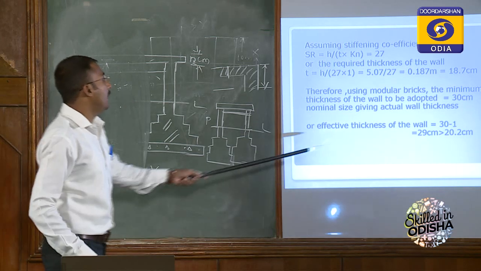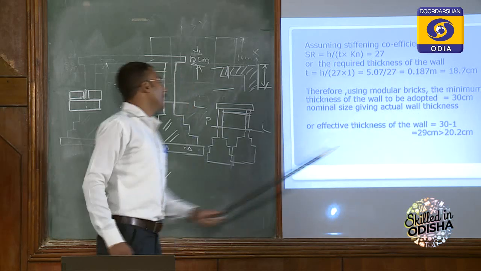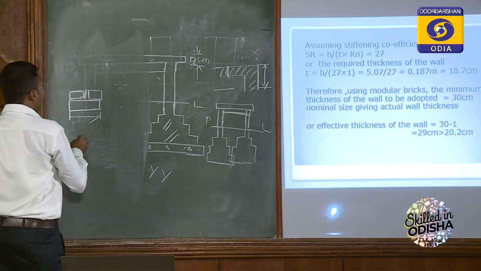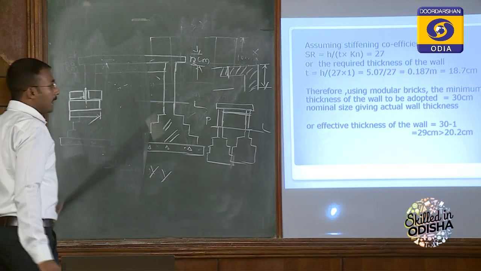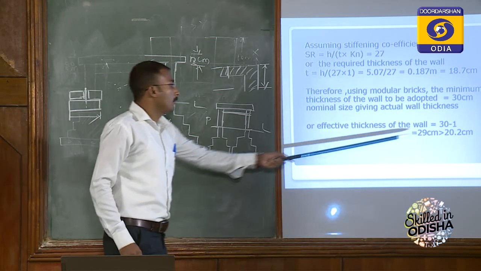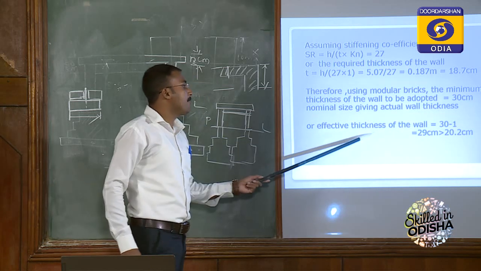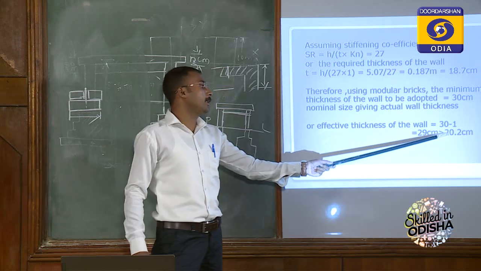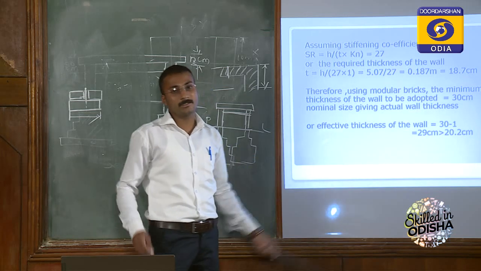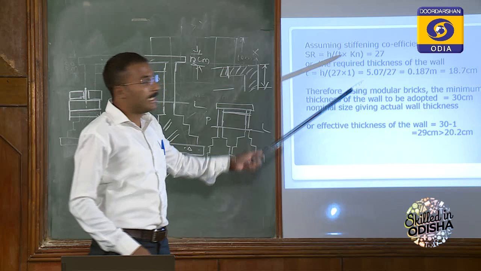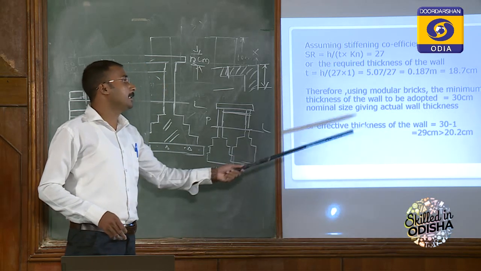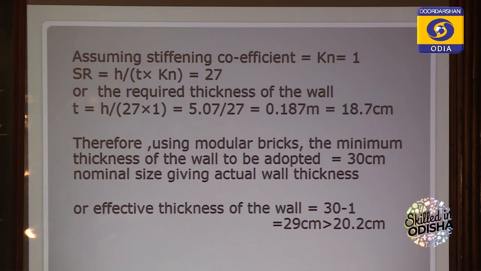So you can see here 1 centimeter is deducted. If this is 30, and deducting this mortar thickness, the effective thickness is coming 29 centimeter, which is greater than 20.2 centimeters. Also it will be greater than 18.7 centimeter. That means the effective thickness is more than the thickness we need to design.